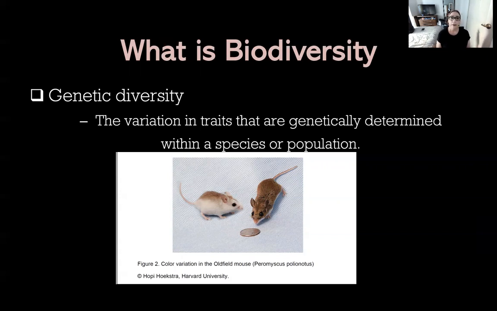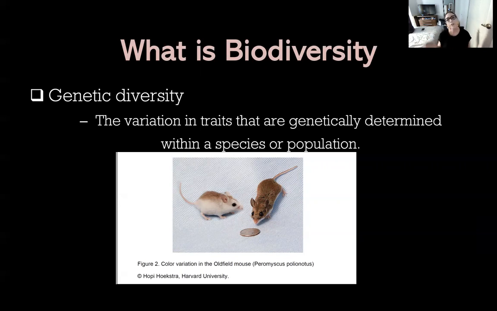Now, if there is an insect that is really good at preying on that corn, right? Say the caterpillars eat up all the kernels. If we have all the same type of corn, all of our crops are vulnerable to that insect.